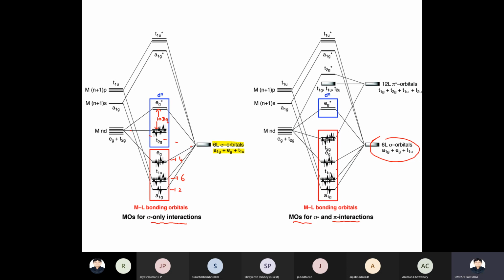And pi orbital, which is having energy here, see, you can look at here. You can see energy of eg star. You can compare with this one. See, this is a case of here ligand having, of course, low energy. So eg star and t2g difference is a 10 Dq. But a very important thing over here is this is responsible for pi orbitals, pi bonding.